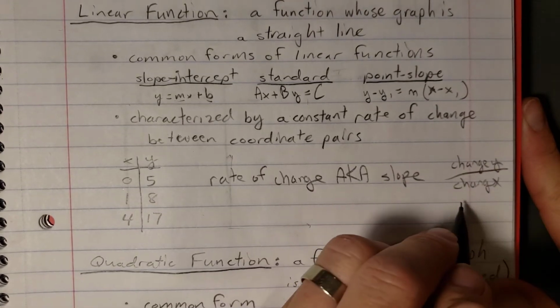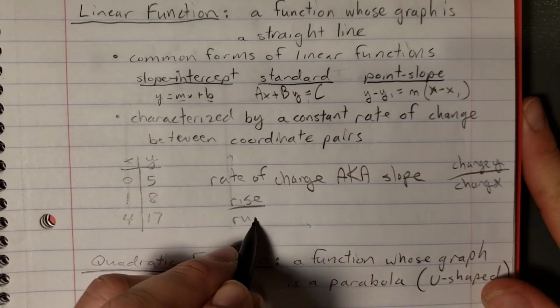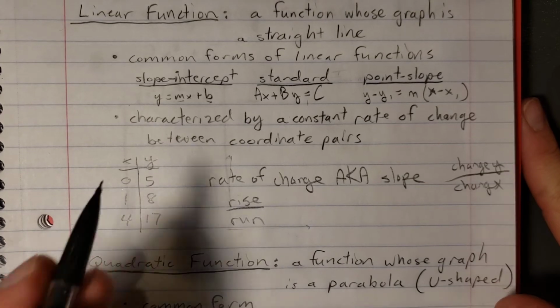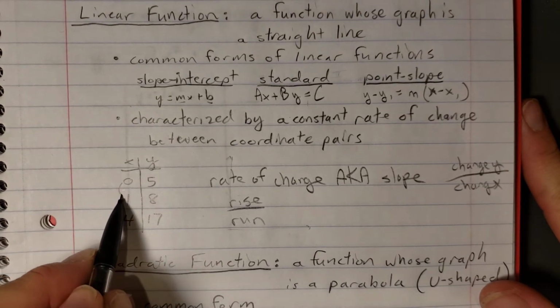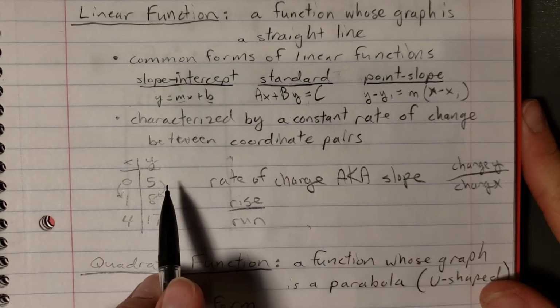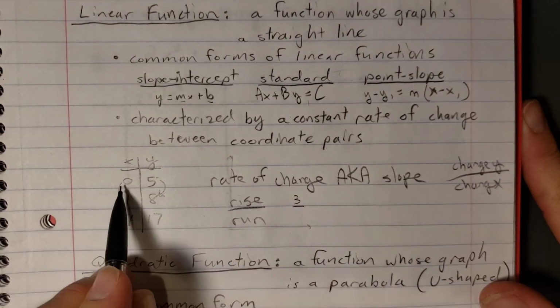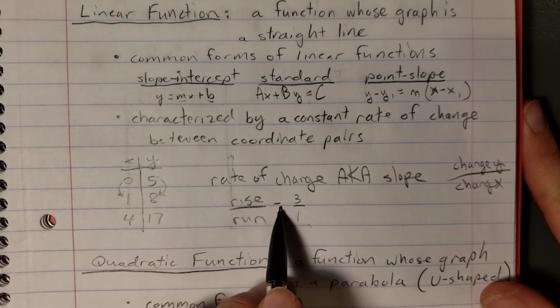Another way to say that is the rise over the run. Let's calculate the rise and run here, or the change in y over change in x. Change in y here is 3. Change in x is 1.